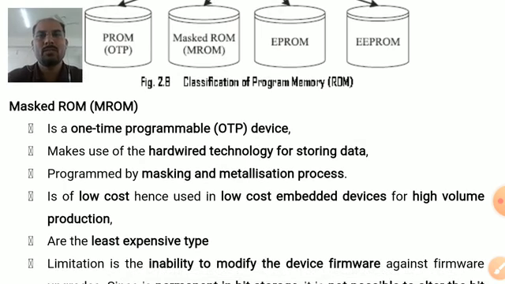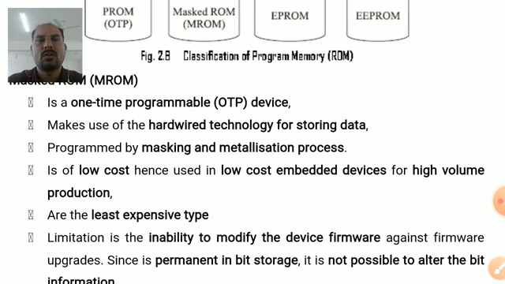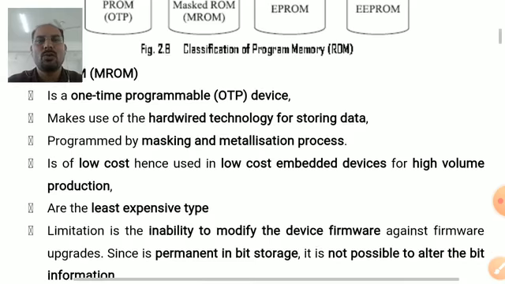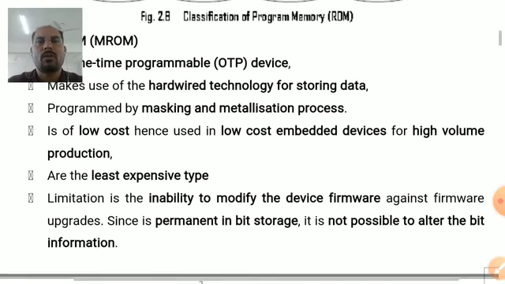It is a one-time programmable memory. It means that once we program it, it cannot be reprogrammed for further times. This type of memory makes use of hardwired technology for storing the data. Programming is done by masking and metallization process. This memory is of low cost, hence used in low cost embedded devices, and it is used for high volume production.